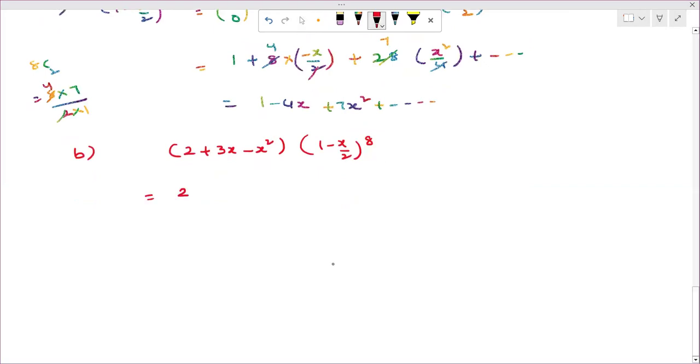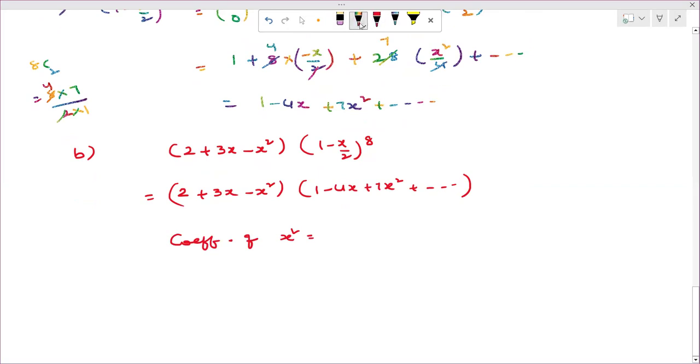So just write down 2 plus 3x minus x square, and this will be 1 minus 4x plus 7x square, and so on. If you are multiplying, I want only the coefficient of x square.